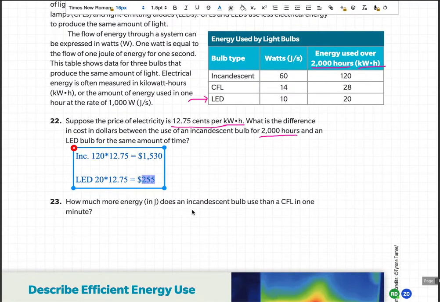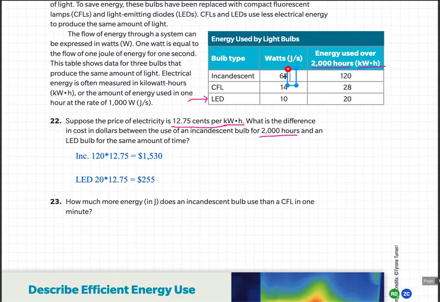How much more energy in joules does an incandescent bulb use than a CFL in 1 minute? So in 1 minute, remember this says that the watt is equal to the flow of 1 joule of energy for 1 second. This one's energy in joules for 1 minute. So in 1 second, the incandescent uses 60, and the CFL uses 14.